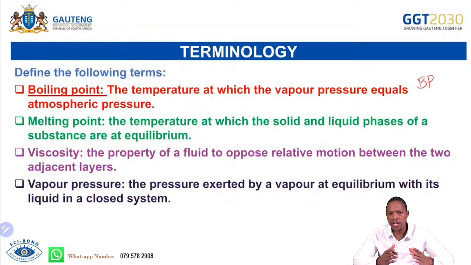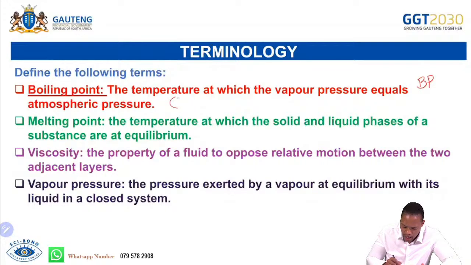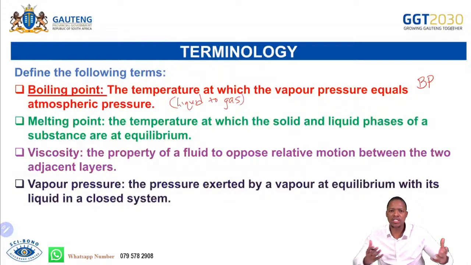Yes, there's a definition here. I want you to memorize the definition and write it according to the examination guideline. However, I want you to think of them generally, to say, here we have a liquid that is turning to a gas. This is what we mean when we say something is boiling, so that it will give you some sense, and then you'll be able to come up with answers to certain things.